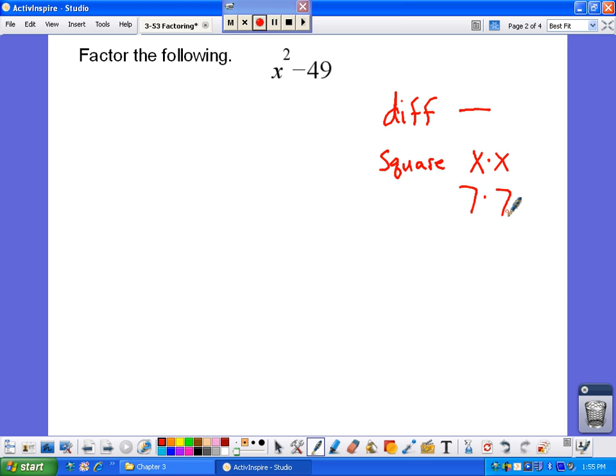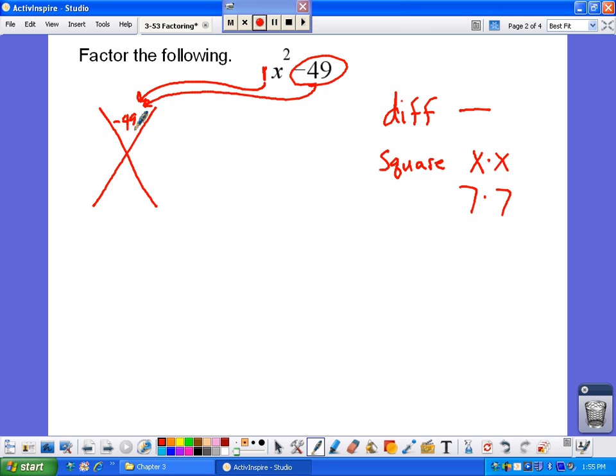Whenever I factor it, I take the first term, the leading coefficient by the x squared, and times it by the last term, the number, and I get negative 49. Down below is always the number by the x, not the x squared. I don't have an x, so the number in front of it can only be 0.